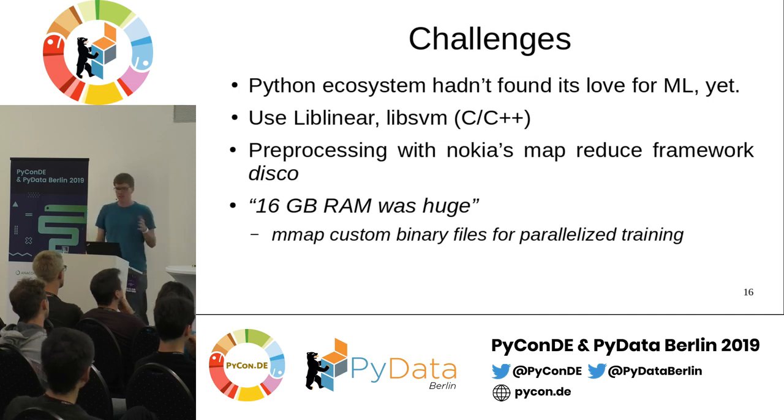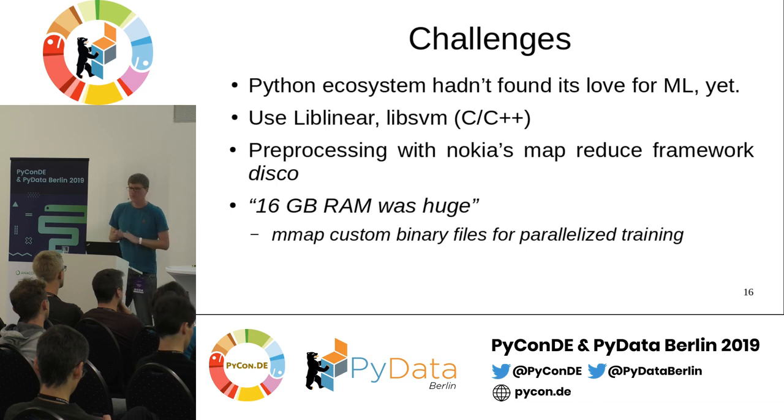So in 2008, 2009, what were some challenges that they had to overcome? Back then, the Python ecosystem hadn't really found its love for machine learning yet. So NumPy and scikit-learn and all of these beautiful tools we have nowadays didn't exist back then, or weren't nearly as far as they are today. So they needed to use something else, the liblinear implementation, the libSVM in C or C++.